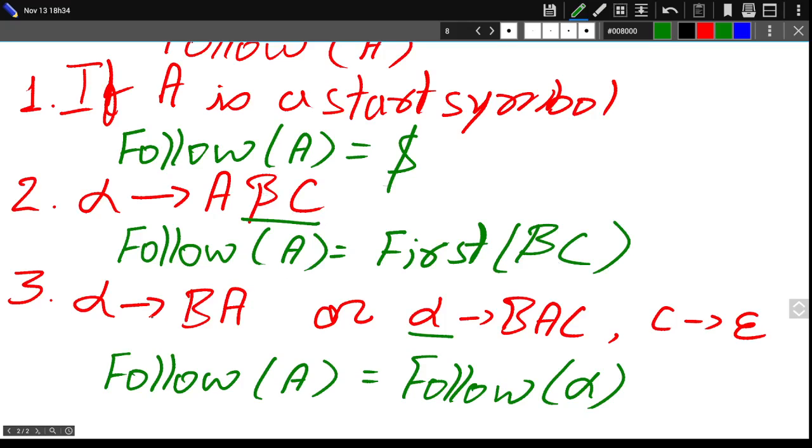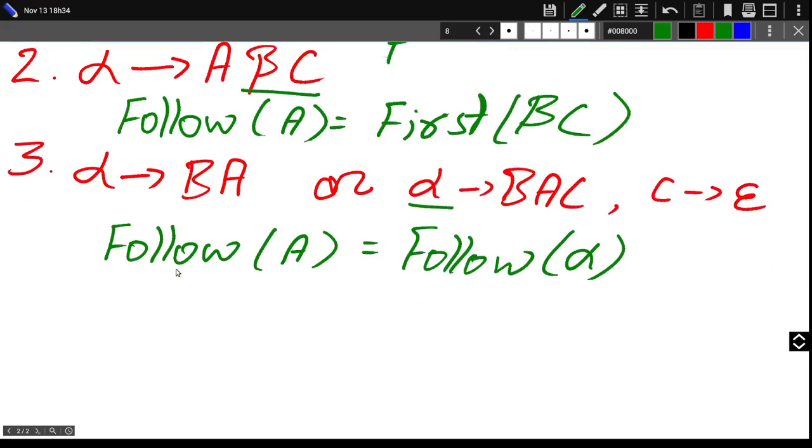And if it is in last, then it is follow of the non-terminal symbol on the left side. This is the simple thing that we have to learn here.